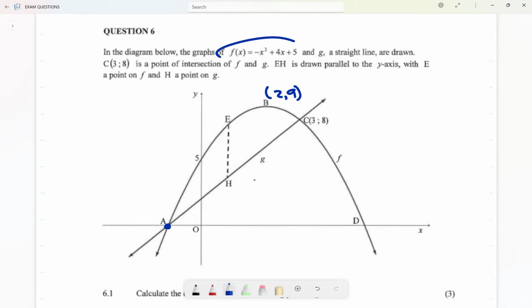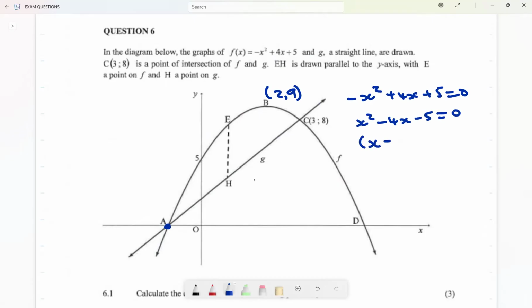So I can find the x-intercept of this one and say, okay, negative x squared plus 4x plus 5 is equal to 0. And then let me divide by negative. Okay, and then I'm going to give factors of 5 such that when I subtract them, they give me that one. Yes. And then I'll have x equal to negative 1, or x equal to 5.